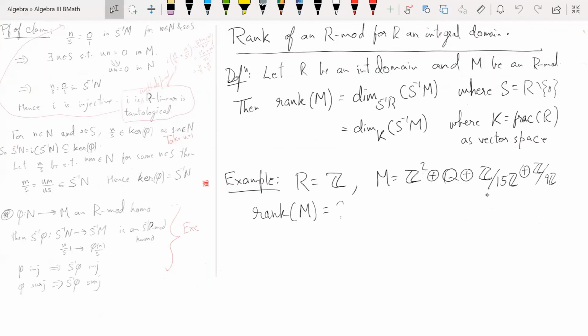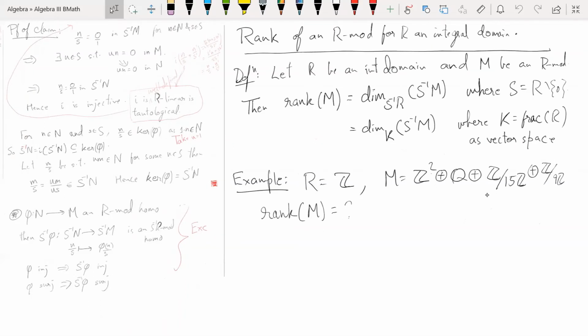Okay, so that was about localization. I'll come to the universal property a little later. Let me just finish this rank business. This was the reason for defining rank, because it's slightly easier to think of rank in terms of localization. There are other definitions, but one of them will be in the homework.